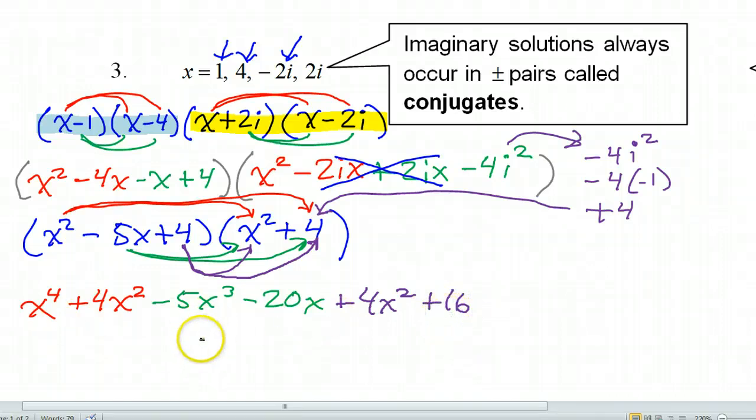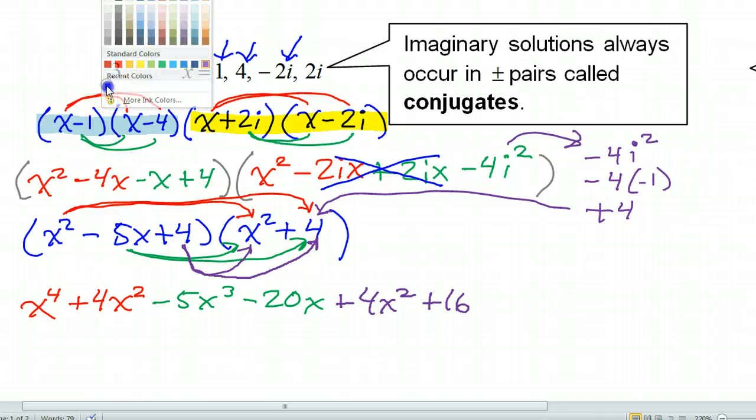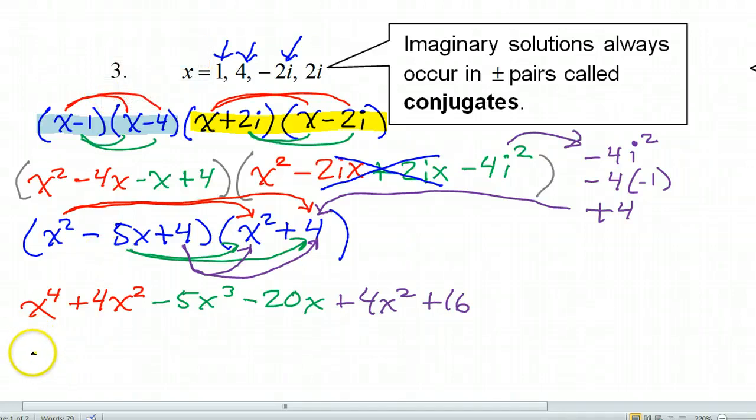Now I just combine my like terms and I'm done. Make sure you keep everything in standard form. So I will have x to the 4th power minus 5x to the 3rd power. I'm going in decreasing exponent order. So 4, 3. Now the 2's. Be careful, I got some like terms here.